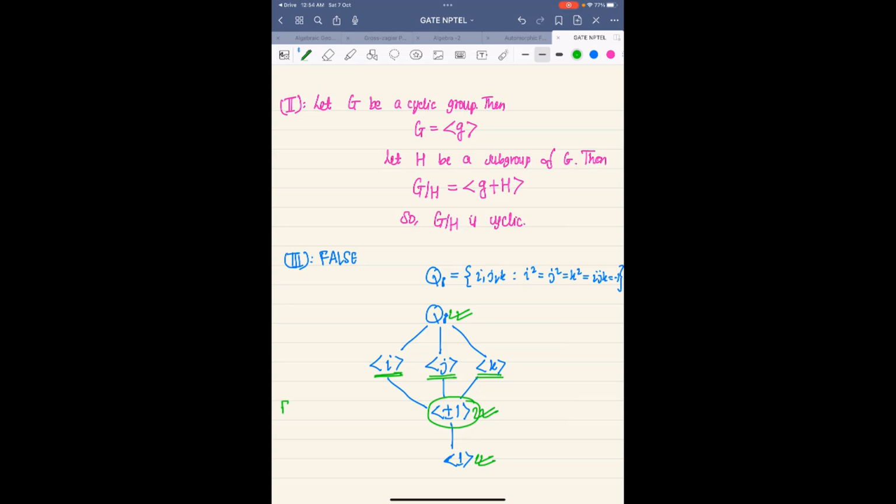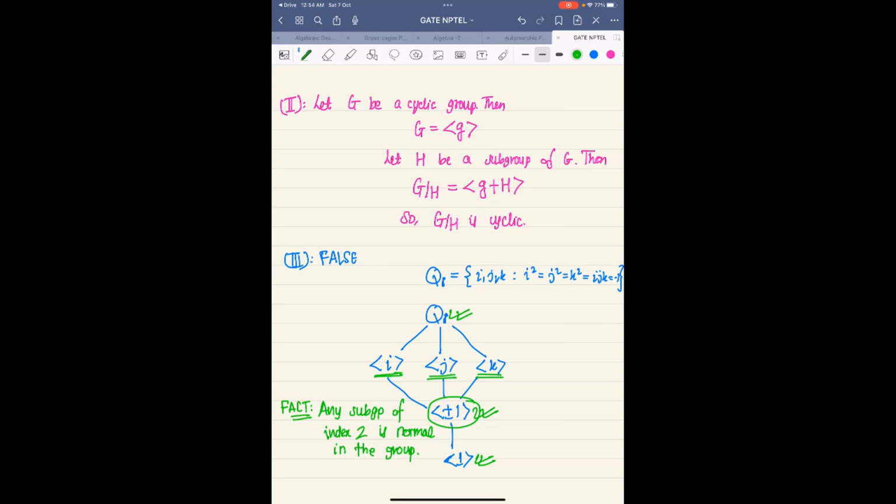So fact: any subgroup of index 2 is normal in the group.